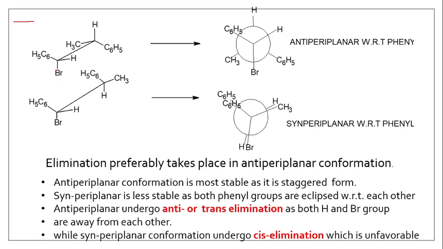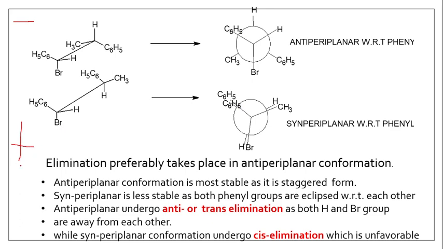When these bromine and hydrogen atoms are away from each other, the conformation is called anti-periplanar, and this is the staggered form of the conformation. You can also write this molecule in the eclipsed form like this. We can convert this molecule from the eclipsed form into the Fischer projection formula.